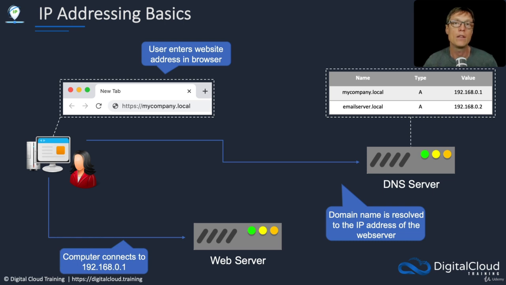Now, the reason that we need the IP address is because that's the address on the network. Whether it's an internal network or the internet, computers have an address, that's an IP address, and all of the network devices that are on the internet or your internal network know how to send information and route information to that endpoint. They can't do it by DNS name, they can only do it by IP address. And that's why we need IP addresses.